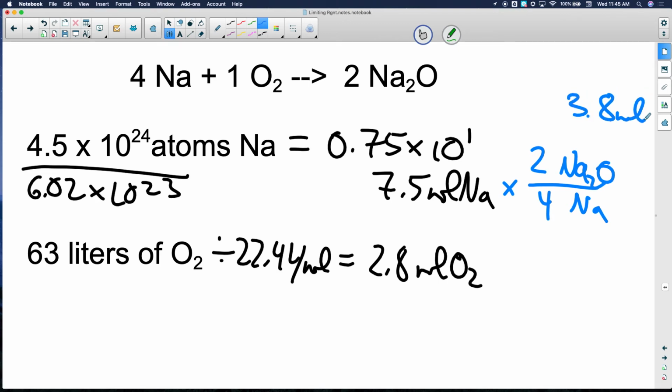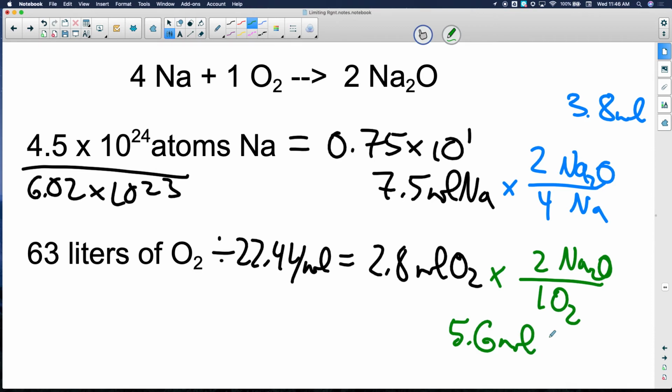3.8 is my predicted moles there. What's my stoichiometric ratio going to be down here? What does your calculator say 2.8 times 2 over 1 is? 2.8 times 2 over 1. 5.6.